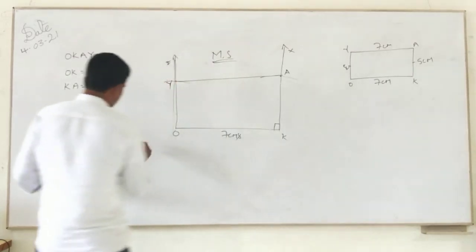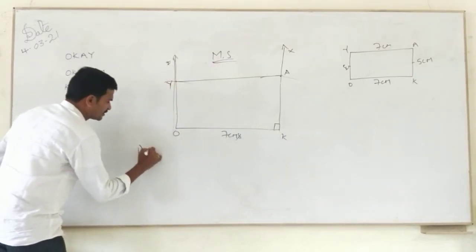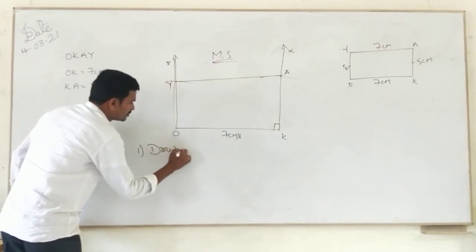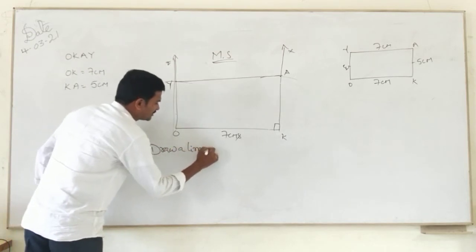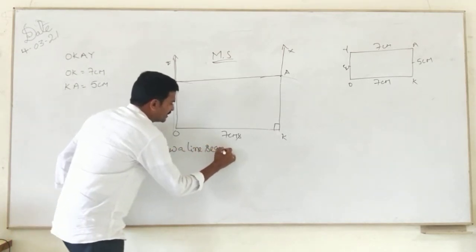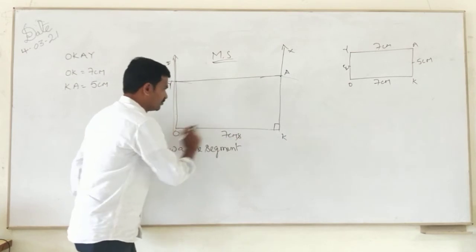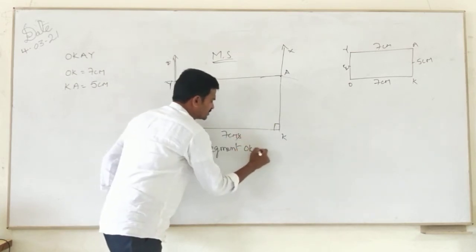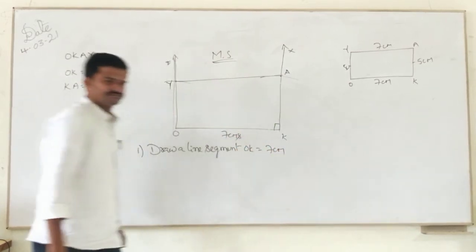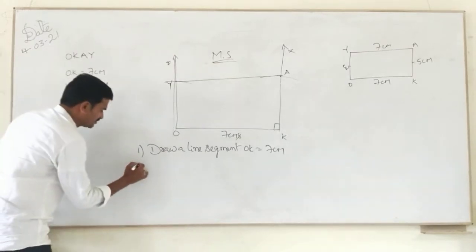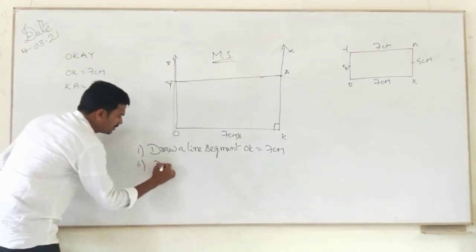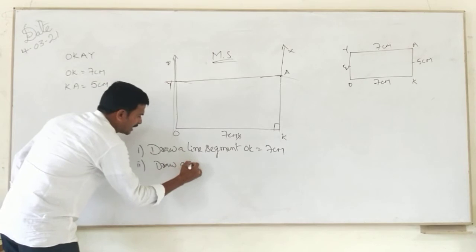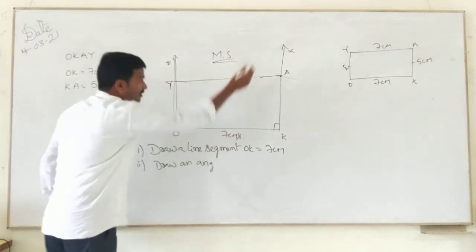What are the steps you will write? First, draw a line segment and name it OK equals 7 centimeters. Next, draw an angular ray, not an arc.